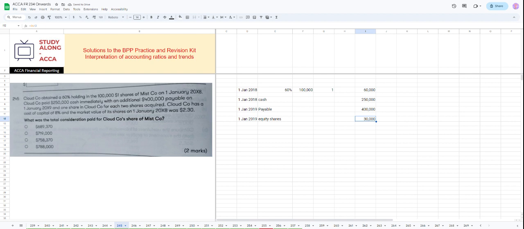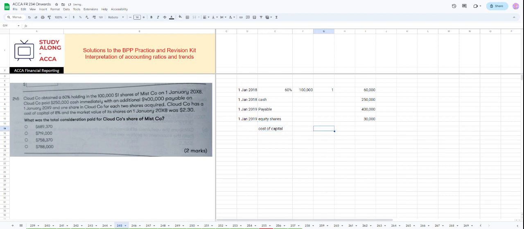Cloud company has a cost of capital of 8%. So cost of capital means had we invested this money somewhere else, we would have earned some earning. So that is 8%. And the market value of its shares on the first was 2.30. So here instead of 1, we will go with 2.3, which is the market rate.